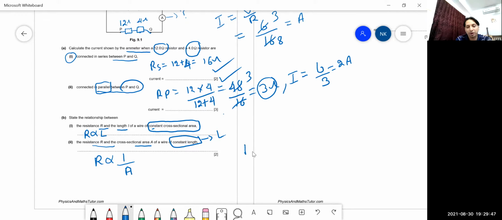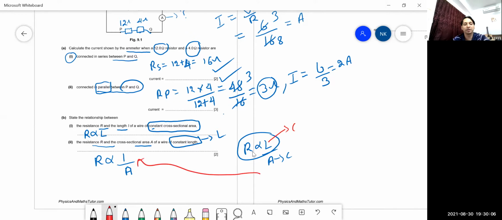You know the equation R is proportional to length upon area. In the first case they mentioned that area is constant, so R will be directly proportional to L. And in the second case, when they said that the length is constant, then R will be inversely proportional to this area. That is the answer for B part here.